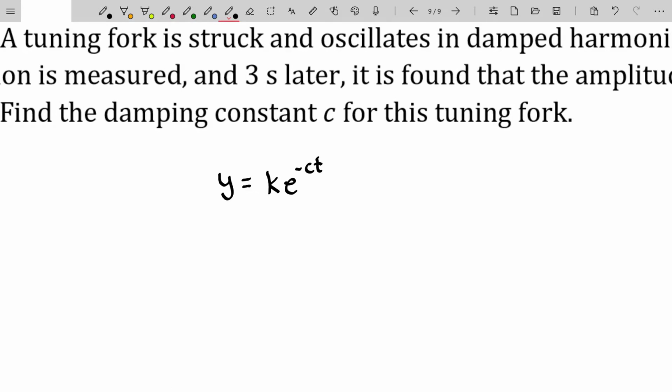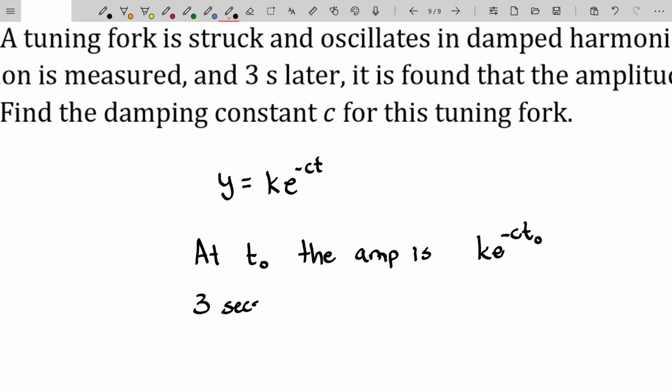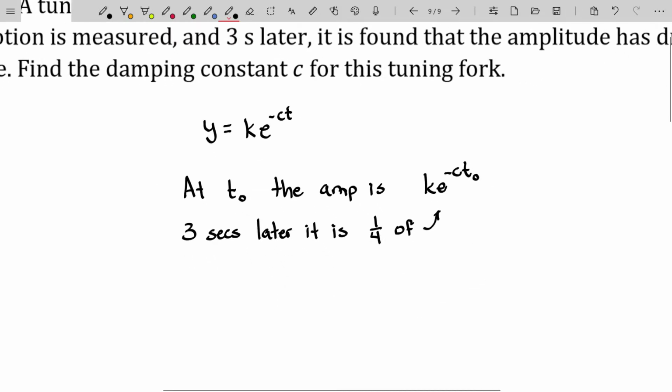And so at some point at time t naught, the amplitude, which I'll just say amp, is, let's just say k e to the negative c t naught, right? It's whatever that amplitude is. But then 3 seconds later, it is 1/4 of this. Well, what does that mean?